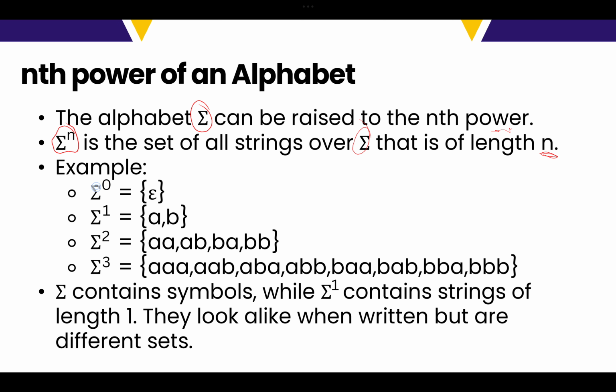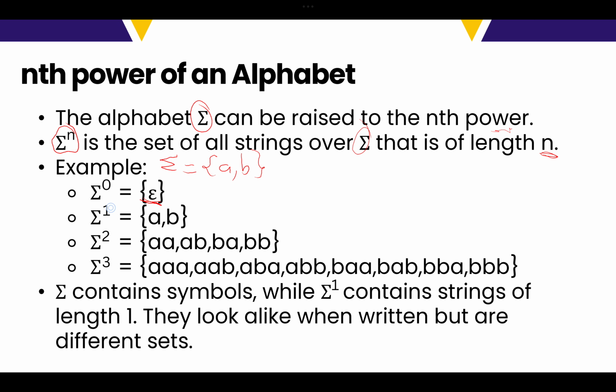So, maingon ka og sigma to the power of 0, dapat ato ang kuan ani, no? Dapat ang alphabet diri nato nga sigma equals A, B. Okay, so example kana siya. Then, moingon ka og sigma to the power of 0, that is, the length is 0, so empty string.